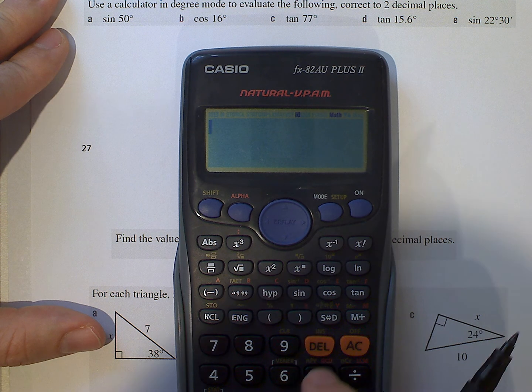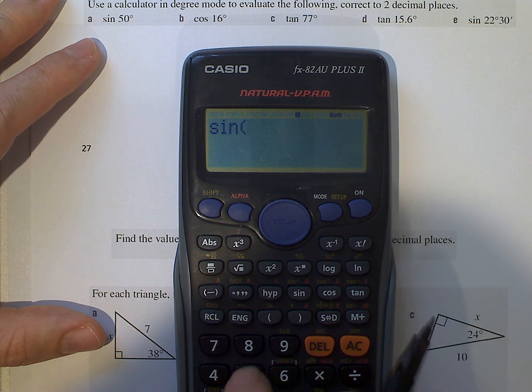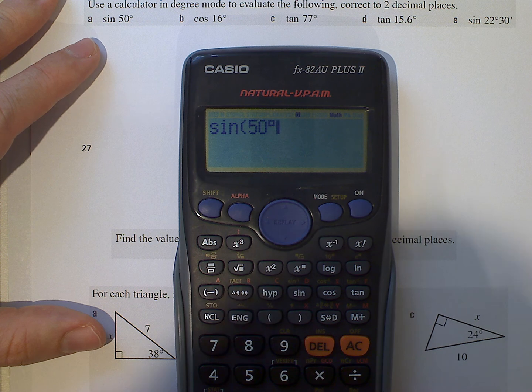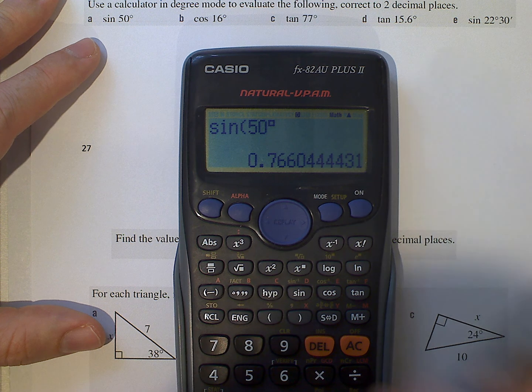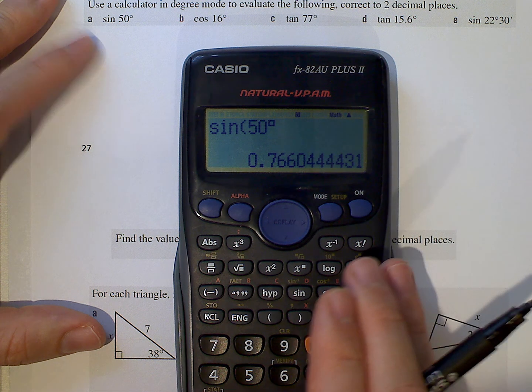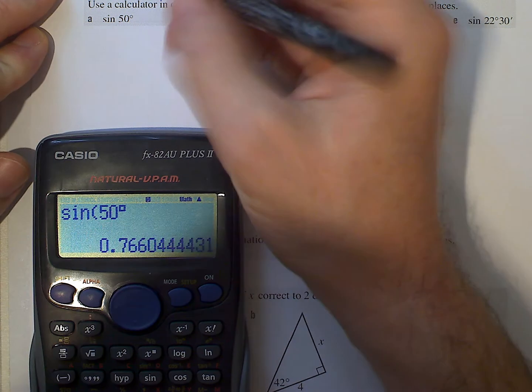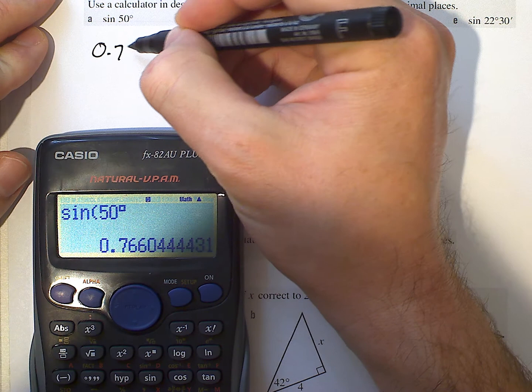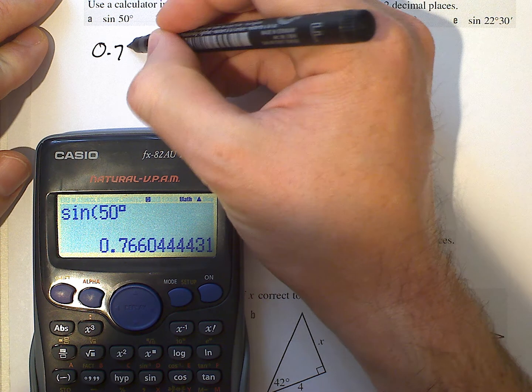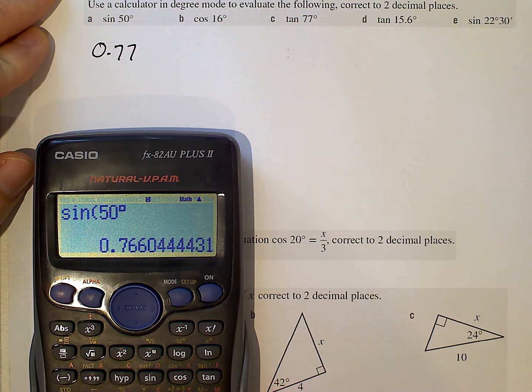So if we have sine 50 degrees, that equals 0.766. To two decimal places, that is 0.77.